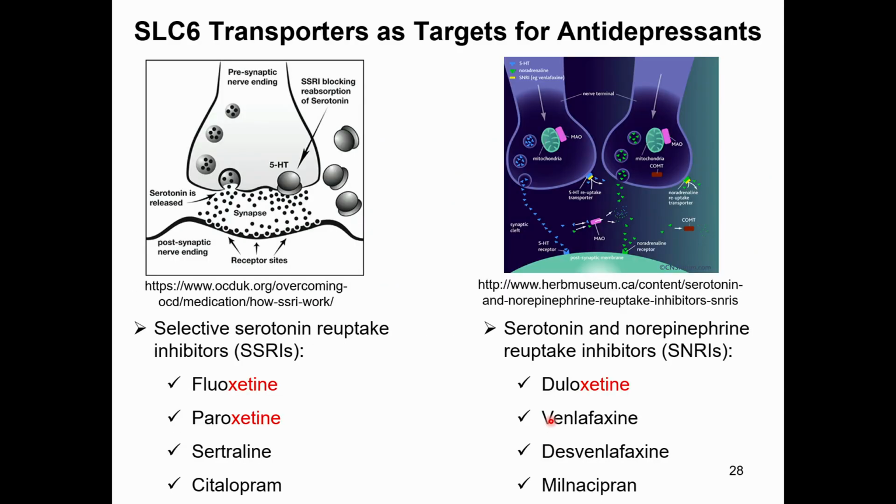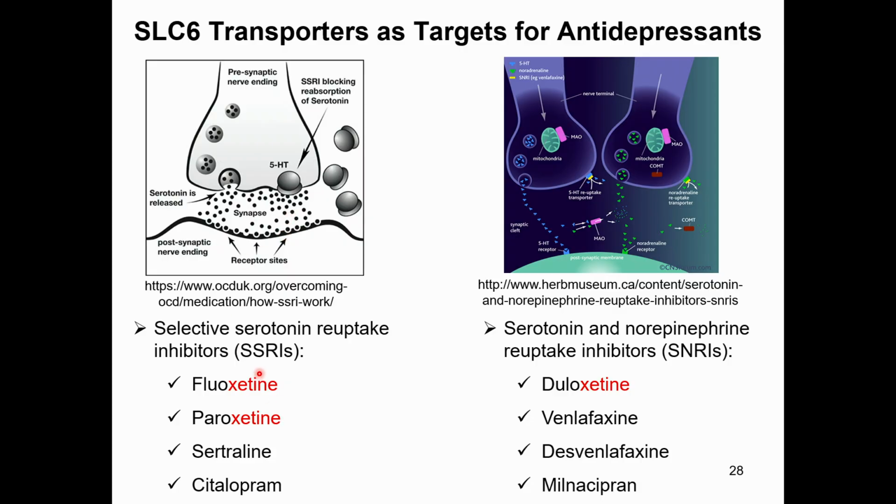Basically, 5-HT is another name for serotonin. So this reuptake transporter, which is an SLC6 type transporter, if you inhibit that, then more serotonin accumulates in the synapse, and that is a good treatment for depression.